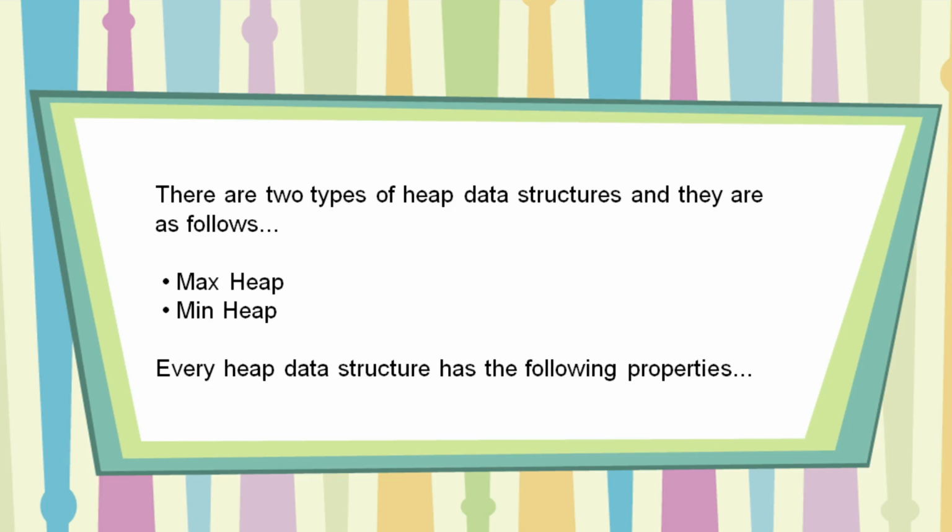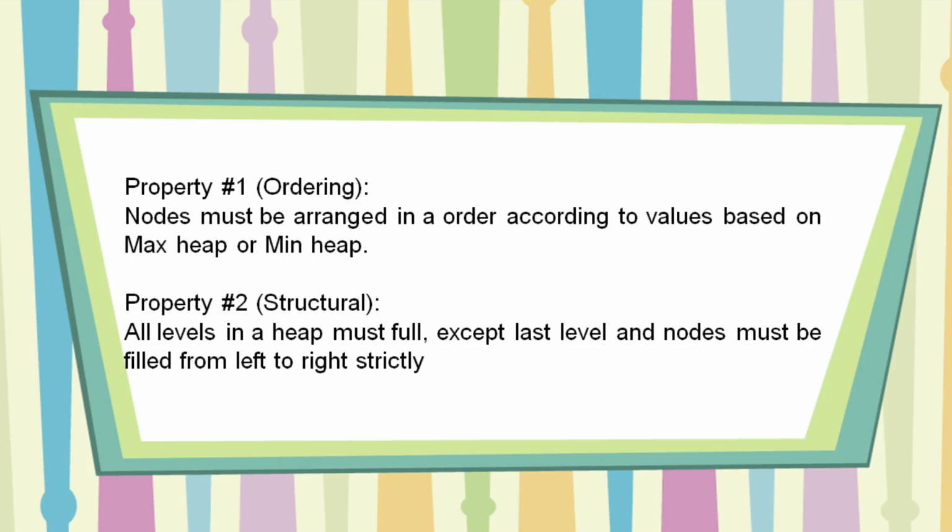Heap data structures have two types of heap trees. One is the max heap data structure and the other is the min heap data structure. These heap data structures follow two properties, one with the ordering and the other with structure. Property 1: nodes must be arranged in an order according to the values, based on max heap or min heap.